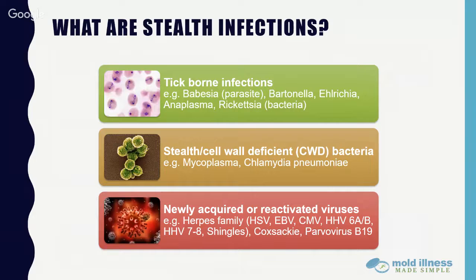And our immune system normally will keep these under control. When the immune system starts getting compromised from Lyme or mold exposure, mold illness, or other reasons, these viruses start becoming more active. And they can be a tremendous source of inflammation, fatigue, cognitive impairment, and a variety of symptoms.